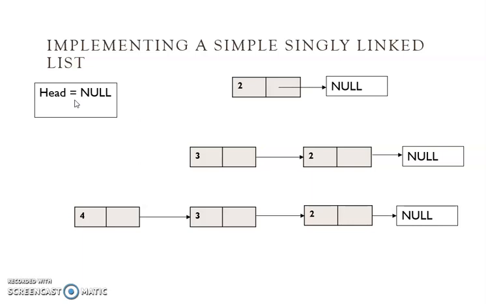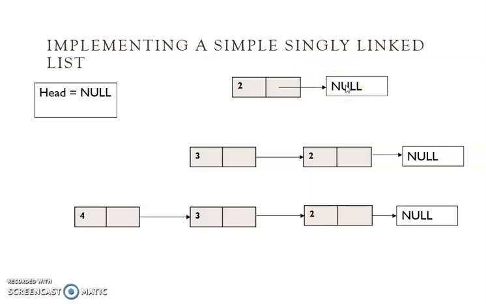Now I will insert the first element in my linked list, that is 2. The data value I need to insert in my first node is 2. My node has two fields: the first holds the data value and the second holds the pointer to the next node. Since this is my first node, I don't have to point to any other node.